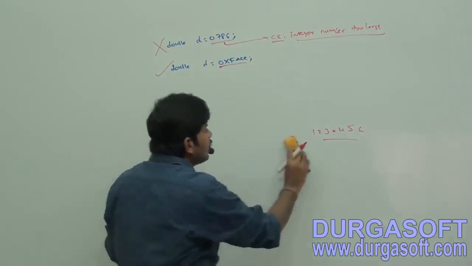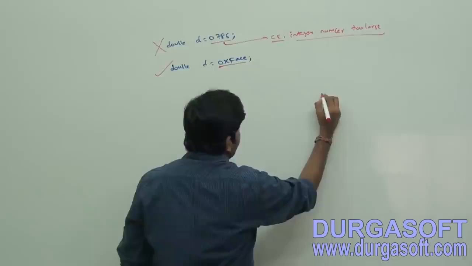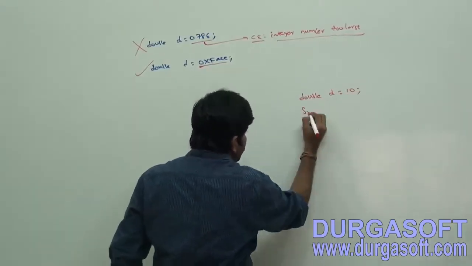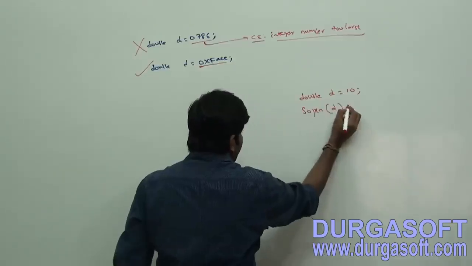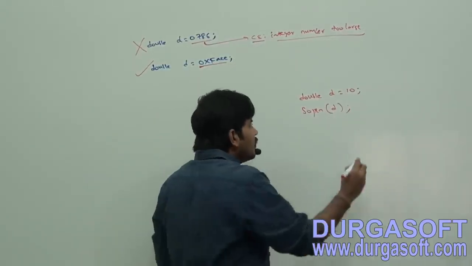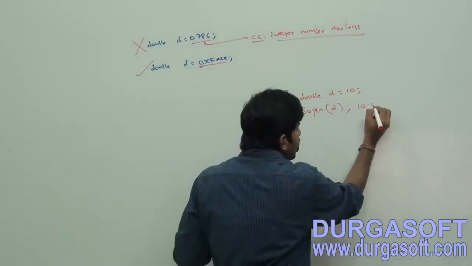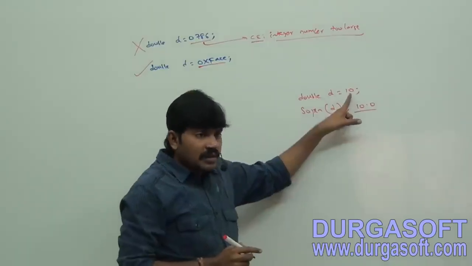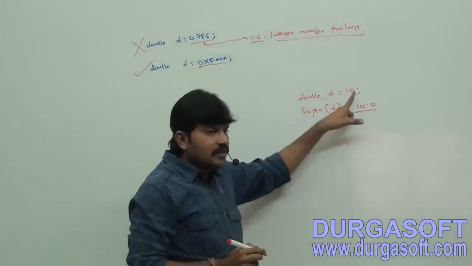Best example, do you know, is it valid or not? You have to tell. double d is equal to 10. Valid or not? Valid. What answer by default will we get? 10.0. Sir, which one did we provide? Integral literal 10.